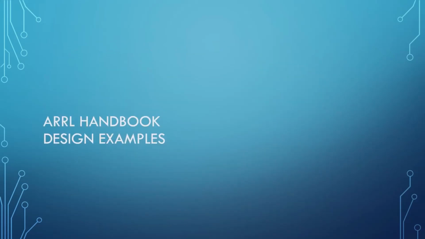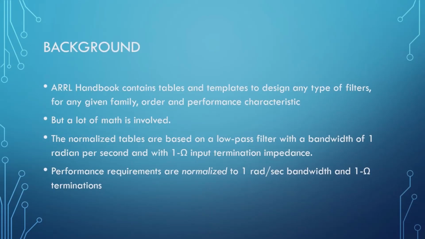So I'm going to go through a couple of design examples. The ARRL handbook contains an entire chapter of tables and templates to design any type of filter for any given family, order, and whatever performance characteristics you're looking at. It's a really good reference, but there's a lot of math involved.